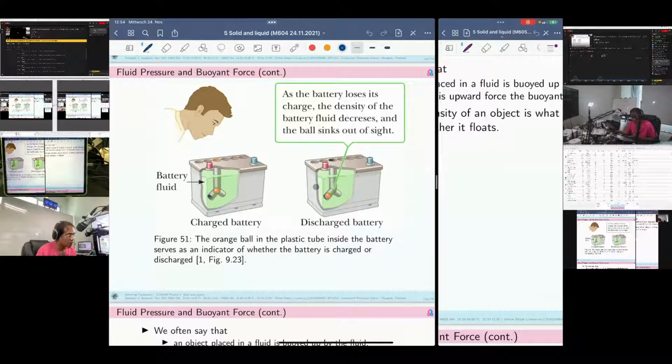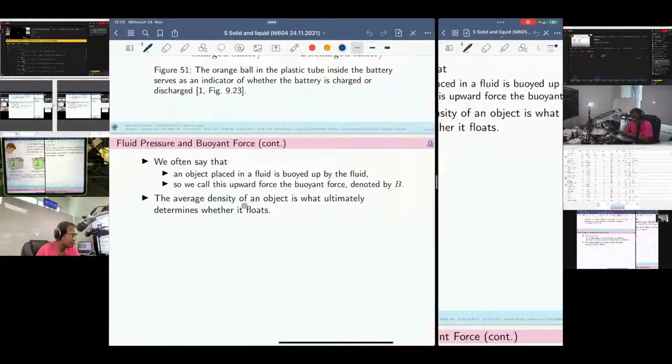So one of the factors that the buoyant force depends on is the density of the liquid or that object, right? Okay. Yeah, it depends on the density of two things: the density of the object and the density of that fluid, right?